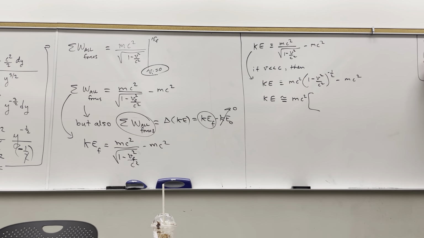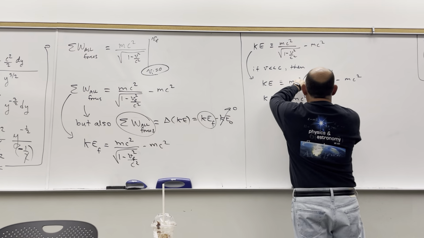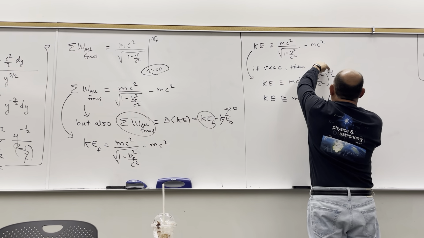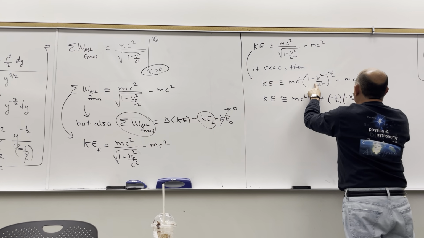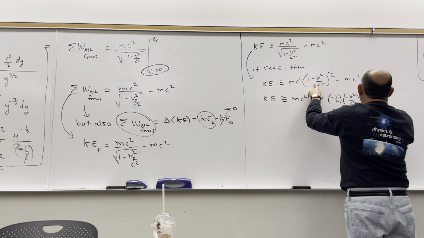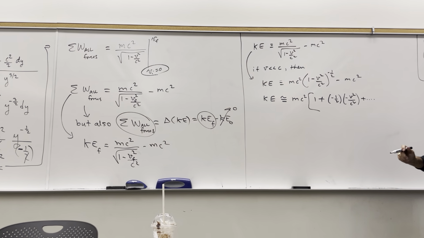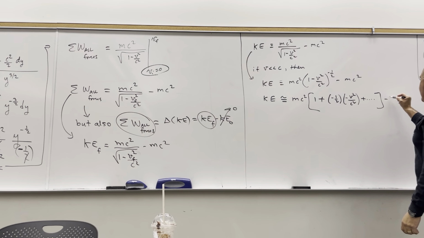So it's 1 plus the exponent multiplied by the small thing. So this is 1 plus the exponent, minus 1/2, multiplied by the small thing, which is minus v squared over c squared, plus the other terms that we throw away. And then minus mc squared.